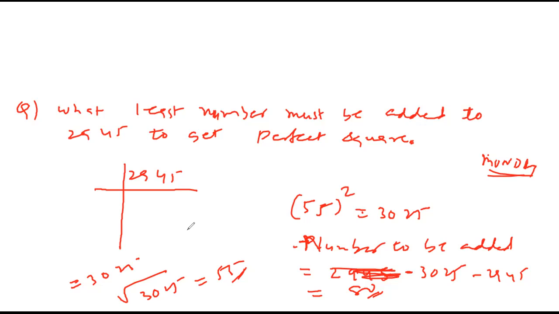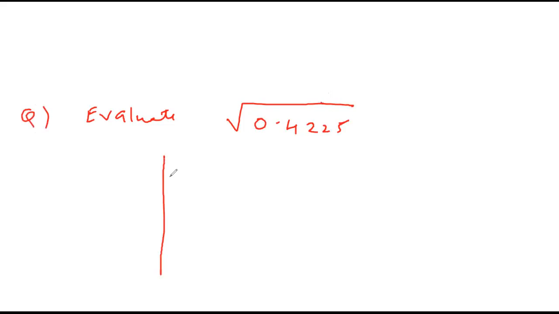Find one more sum. Evaluate the square root of 0.4225. Evaluate this again by the coupling method.